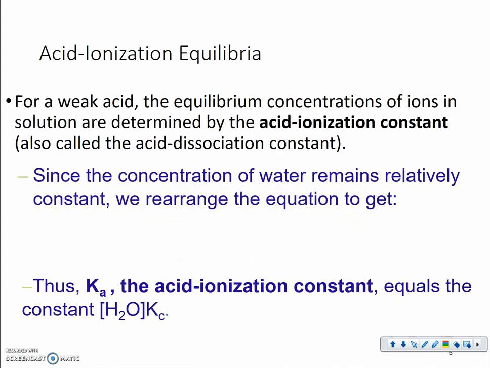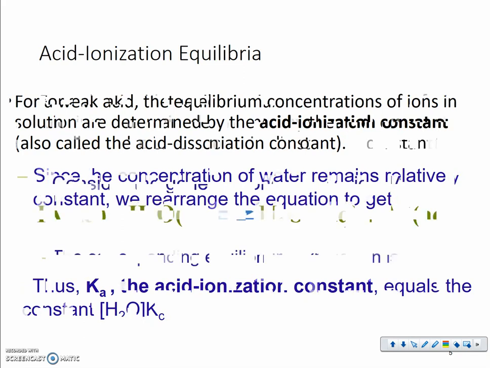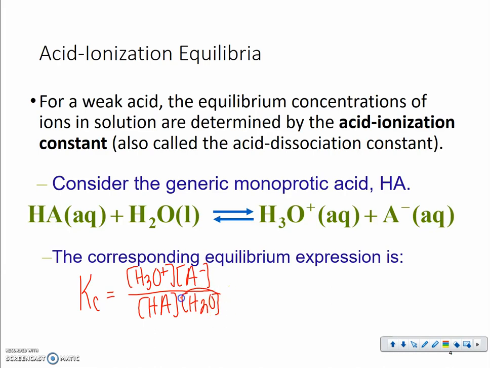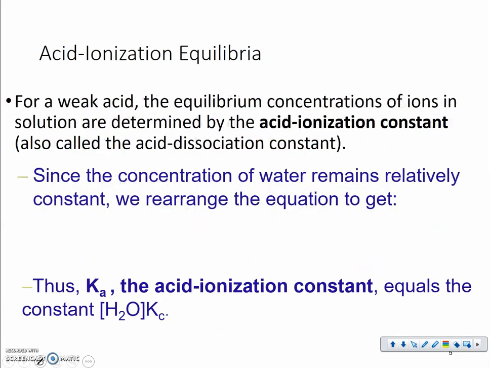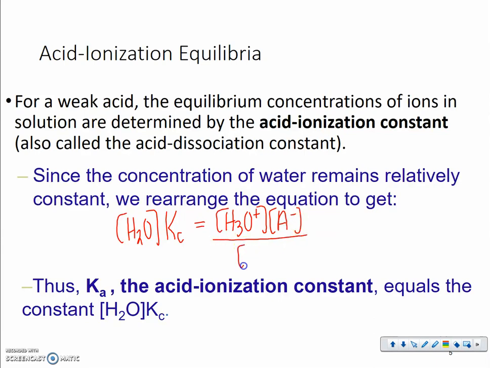Now, the concentration of H2O remains constant. So we can rearrange that where we move this water over to the side with Kc, because both of those things are relatively constant, at least for a given reaction.